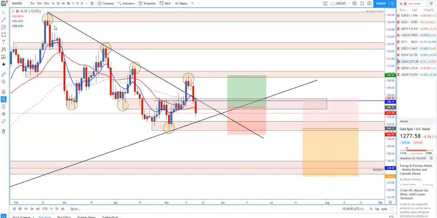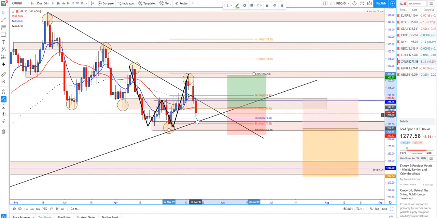The reason is this, simple reason. Price breaks this. So if I apply Fibonacci on it, there we are, the price did a retracement. As long as price remains above this level, I am looking for buying opportunities there, or an even better buying opportunity is this.